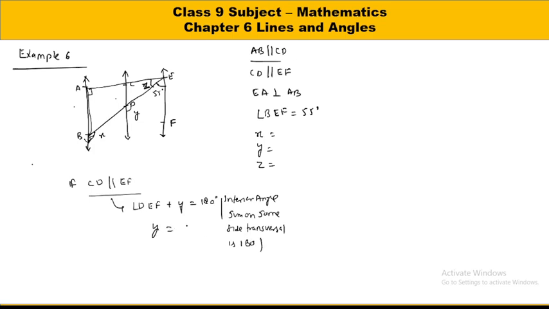So angle Y is equal to 180 minus DEF. DEF is 55 degrees, so 180 minus 55 is 125 degrees. So angle Y is 125 degrees.